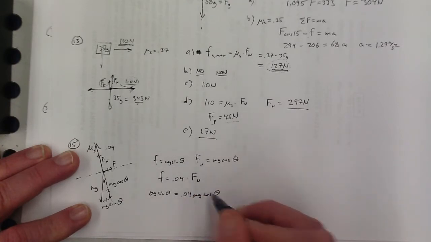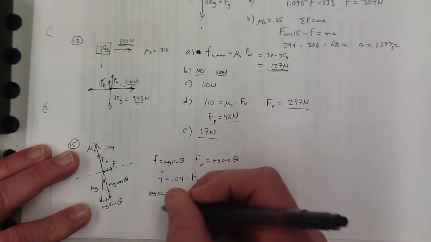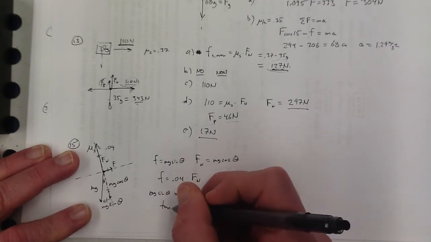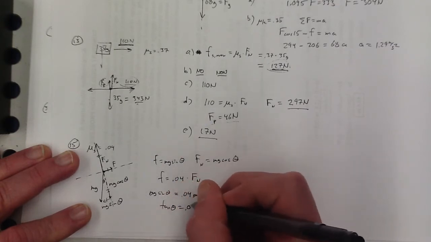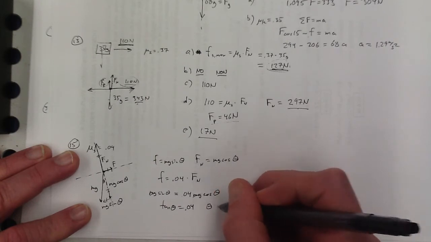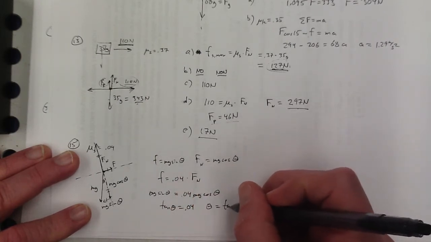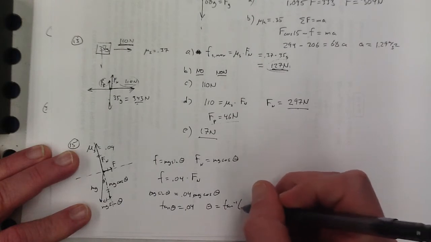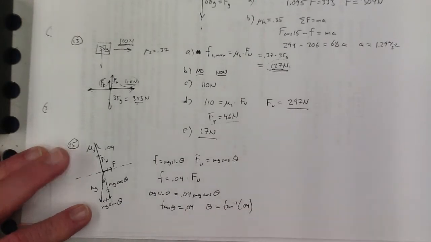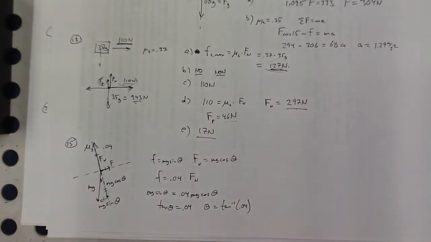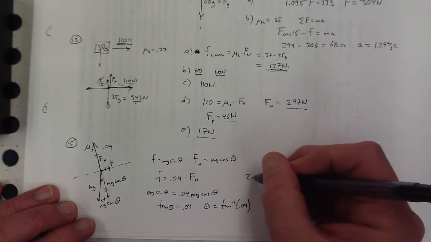The mg's cancel out. I divide the cosine over here. Sine over cosine is tangent. So it looks like the theta we're looking for is just the tangent inverse of 0.04. That's kind of cool. So in this case, that is about 2.3 degrees.